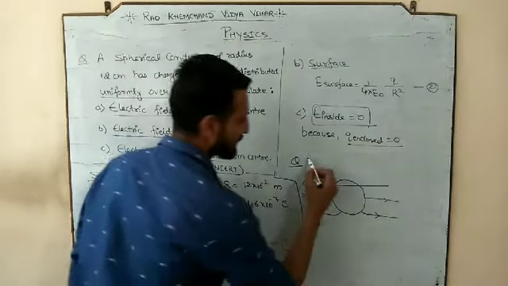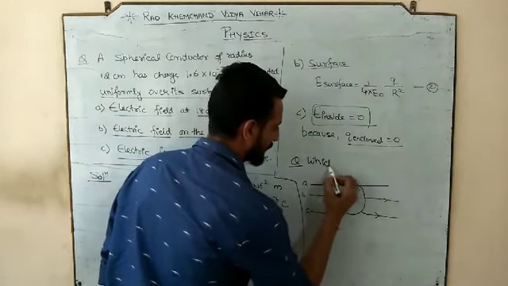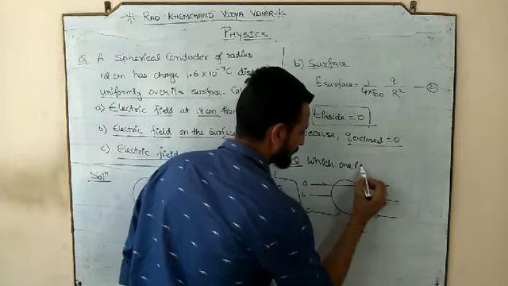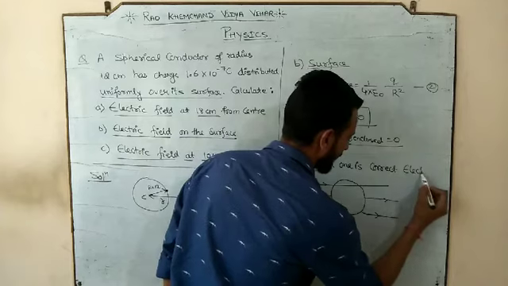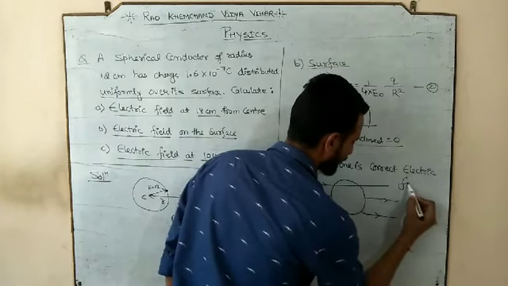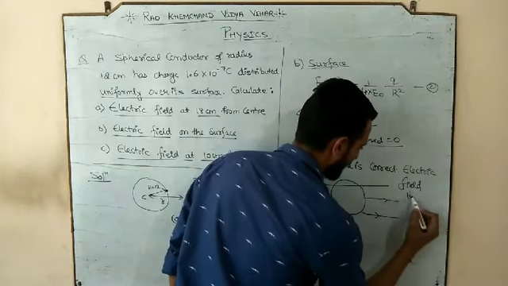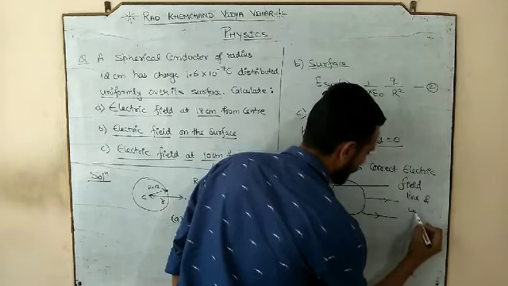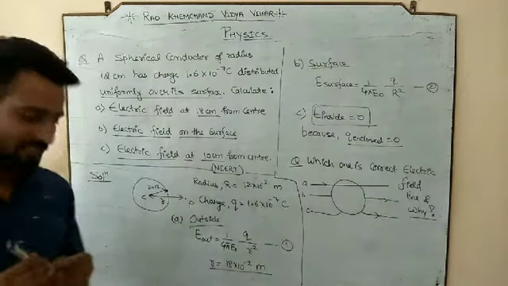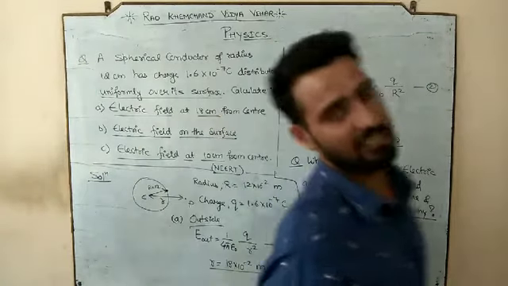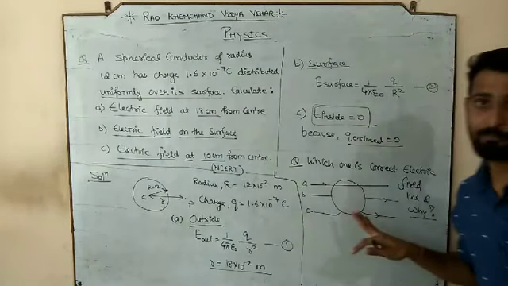He is asking us which one is the correct electric field line and why. Out of these 3, which one is the correct representation of the electric field lines for our body?